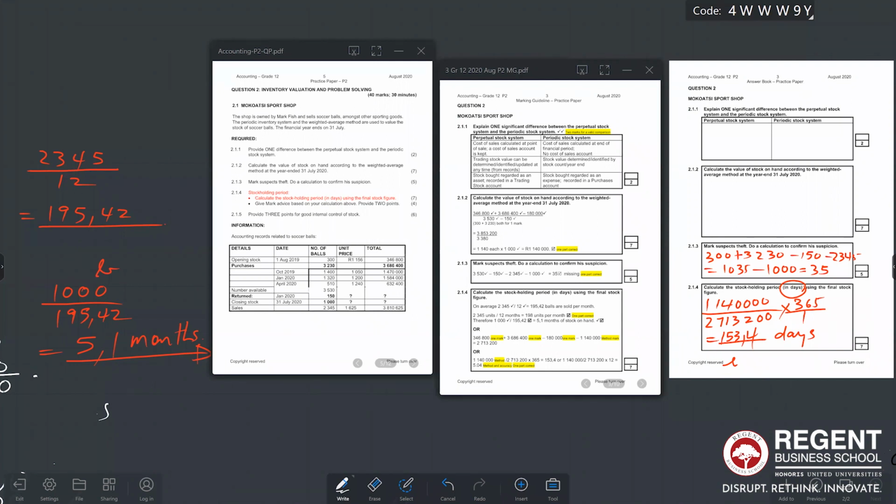If you take a month, it is 30 days. Half a month, 0.5, is 15 days. 0.1 of 30 will give you 3 days.